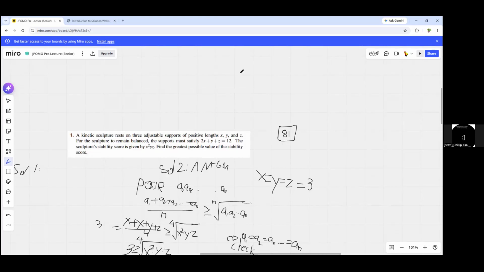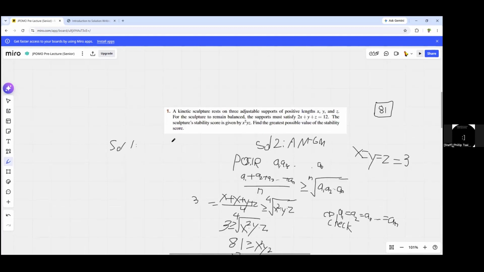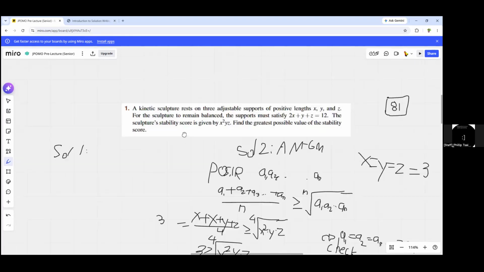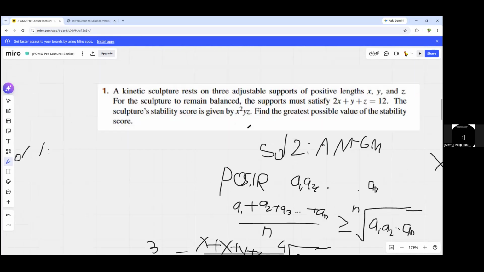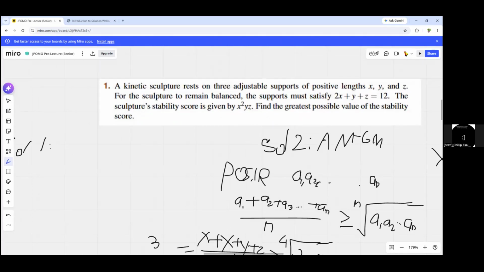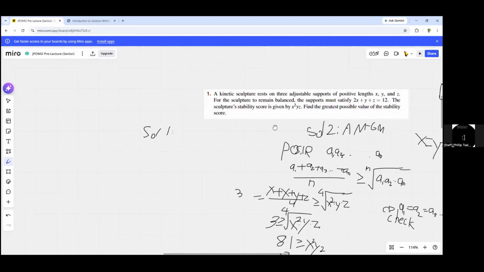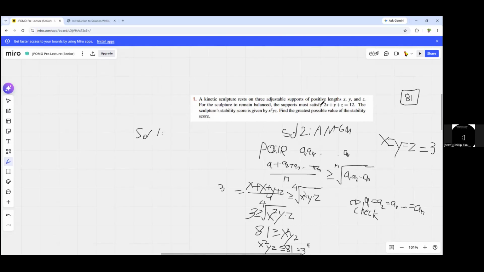Oh yeah, forgot the Lagrange multipliers. It might be a little complex, and I might actually refer to a handout here. But basically, for Lagrange multipliers, we take partial derivatives.